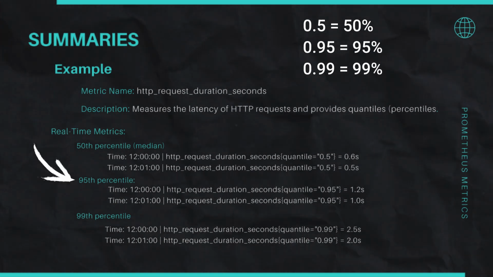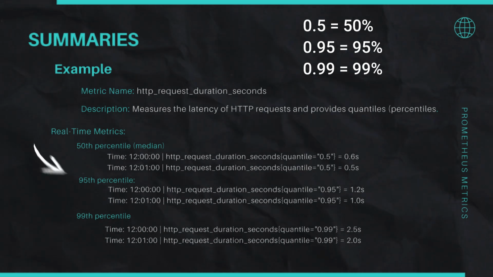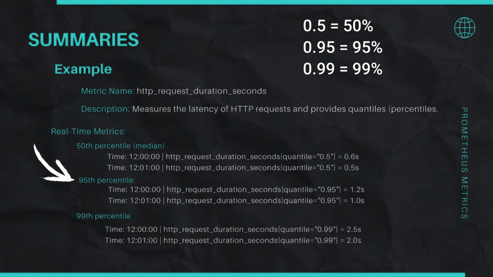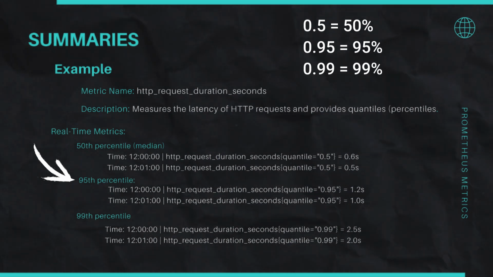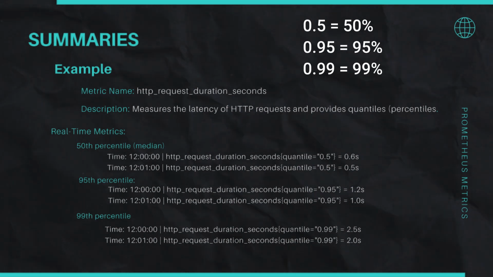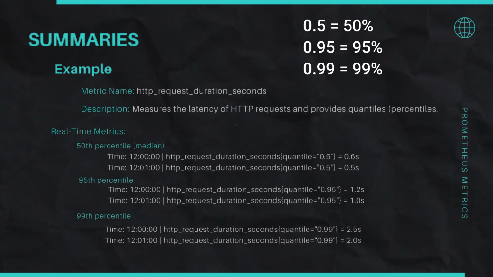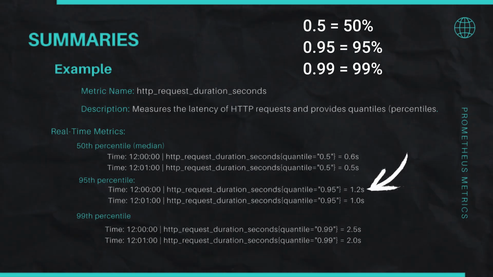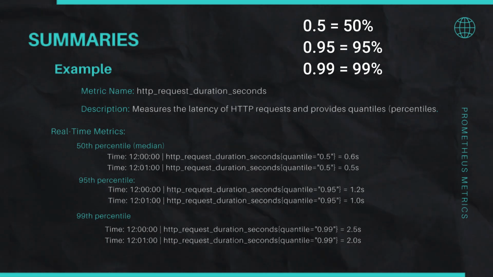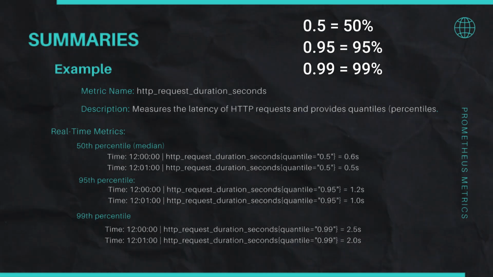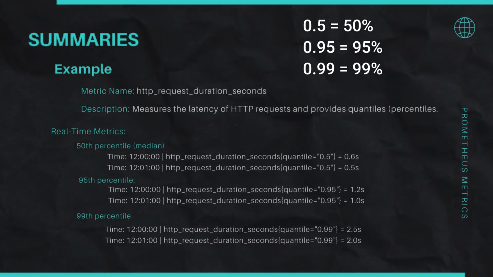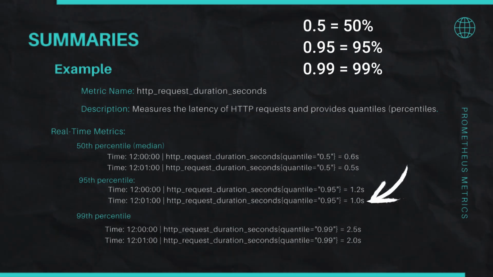The 95th percentile is the value below which 95% of the observations fall. It's useful for understanding the upper bounds of performance. At 12 hours, 95% of the HTTP requests had a duration of 1.2 seconds or less. At 12 hours and 1 minute, 95% of the HTTP requests had a duration of 1 second or less.